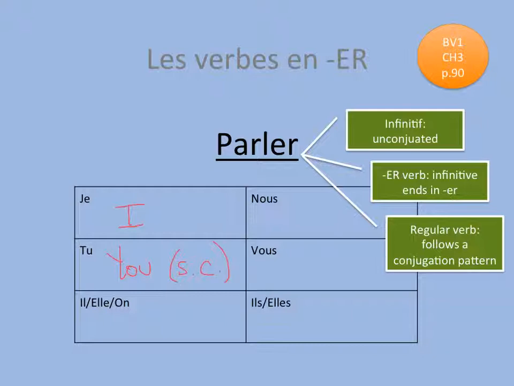Il, elle, on, he, she, one. Nous, we. Vous, you, plural or formal. Ils, elles, both mean they. Je, tu, il, elle, on, nous, vous, ils, elles.